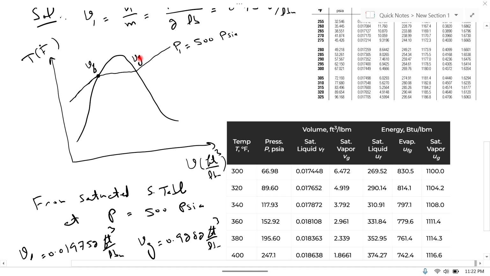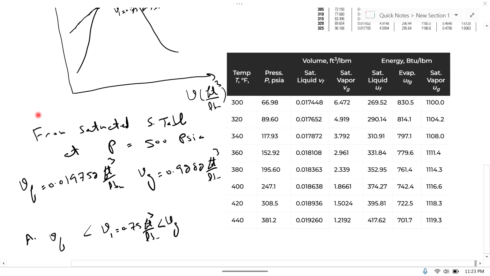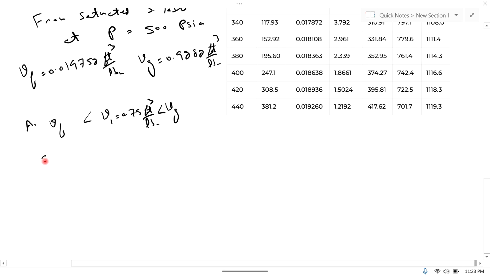But the volume given to us, v1, is between vf and vg, v1 equal to 0.75 cubic feet per pound mass. So it means that initially the water is in the mixed region. Mixed means liquid plus vapor region.